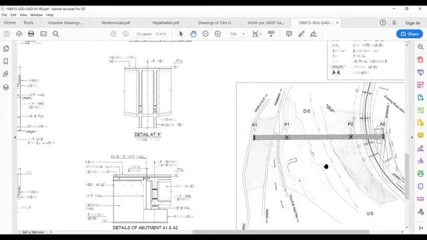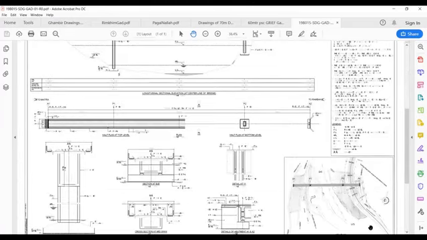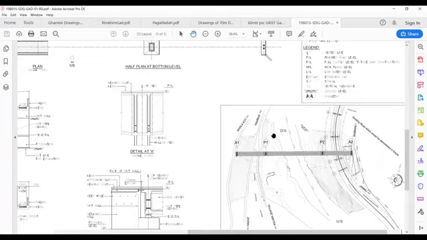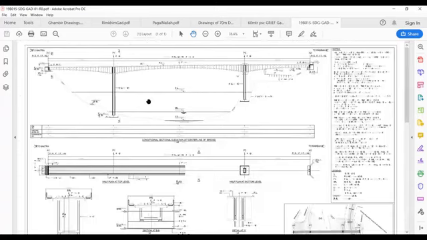If I stand here and look at the bridge, A1 will be on the left. So there is a convention that whenever you are making this GAD, you have to stand on the upstream side of the bridge and look, and whatever you see on the left side will be shown on the left.